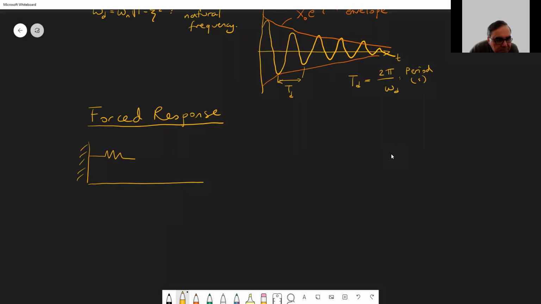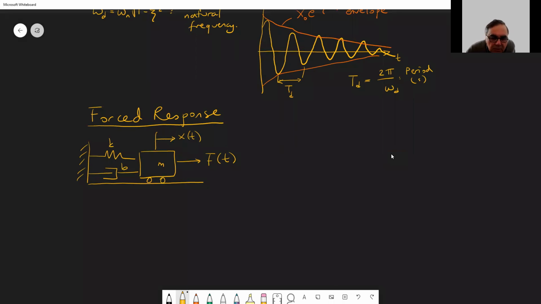There is a spring, there is a damper, there is the mass. There is a force. Okay, this is our system, but there is an external force now.